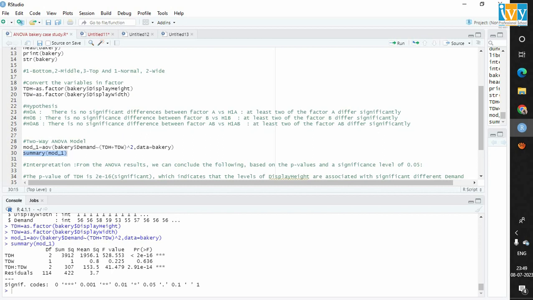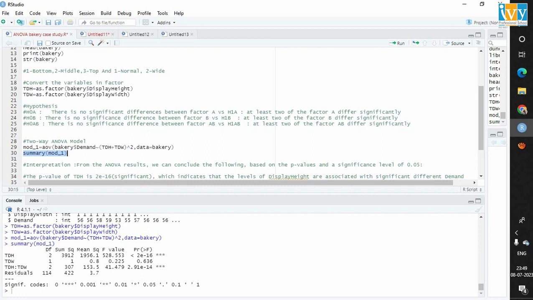But similarly, the p-value for the interaction effect term, with the height and the width, is significant, suggesting that a combination of display height and display width levels has a significant impact on demand. Now we know which of our factors are significant.